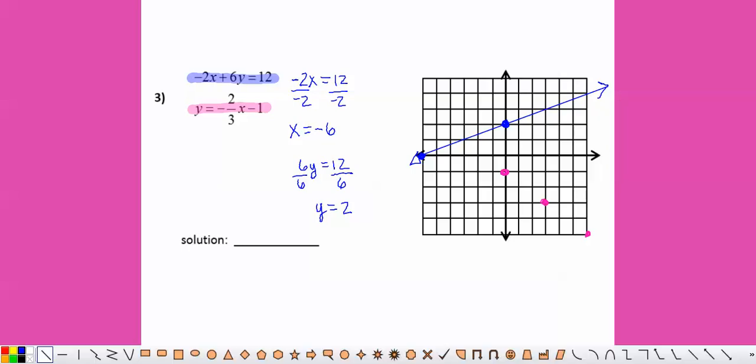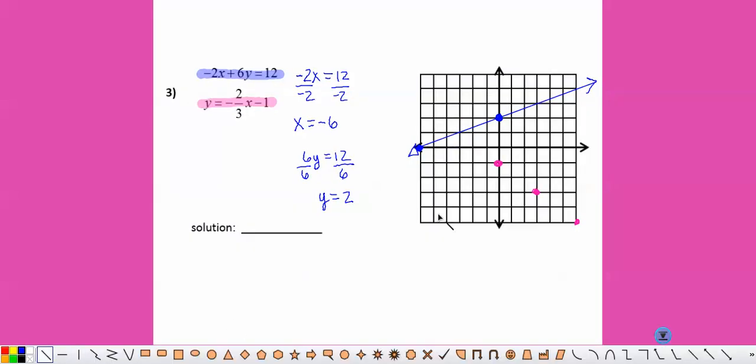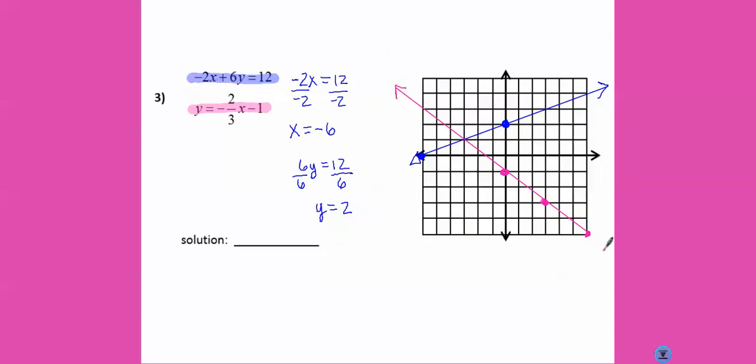And then I can use my ruler to connect the dots. And we see that they intersect right here at -3, 1.